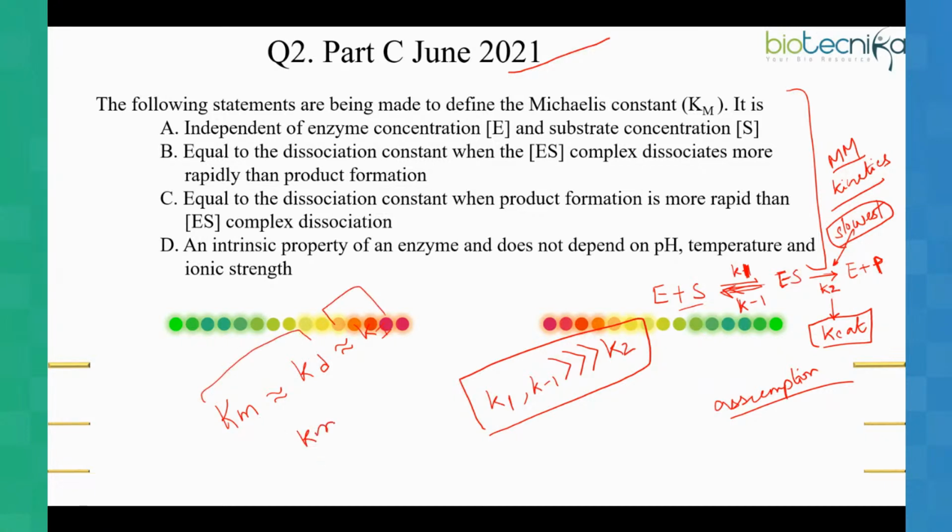The formula for Km according to Michaelis Menten is k2 plus k minus 1 divided by k1. This is the formula of Km.